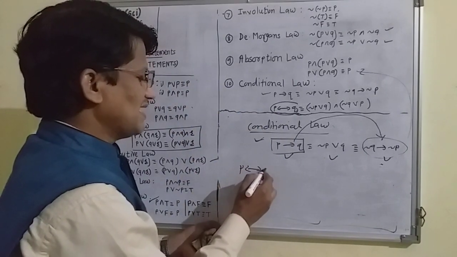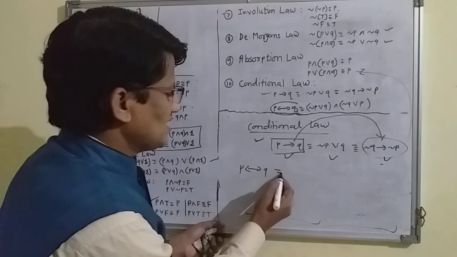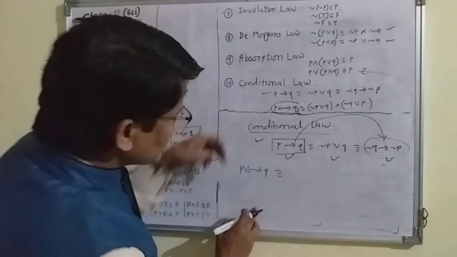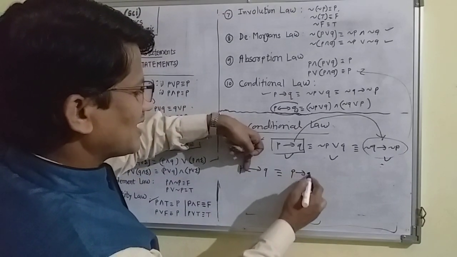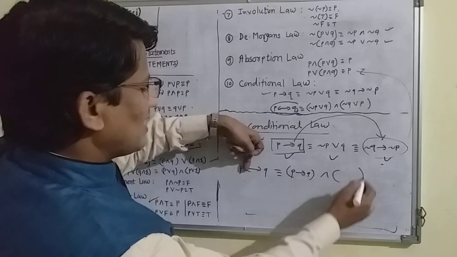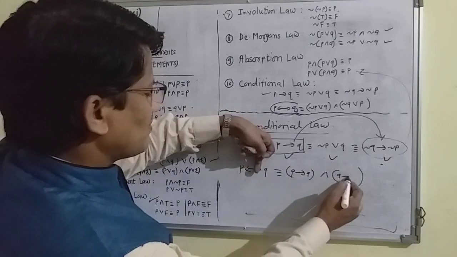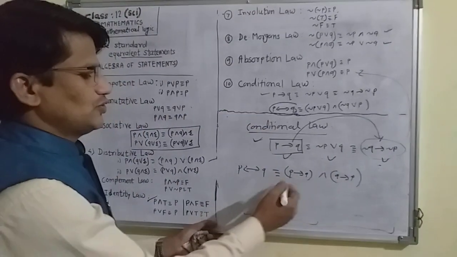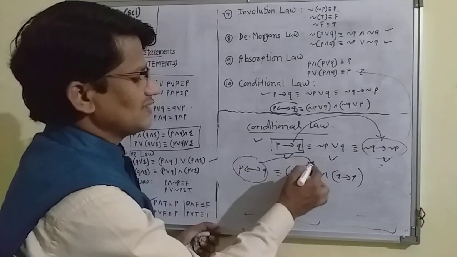P double implies Q. Double implies, we have already seen this property because it has two possibilities. Suppose this point is not here, so we will read it like this: P implies Q, and another, if this point is not, Q implies P. These two brackets are obtained from this double implies, and we can represent it like this.